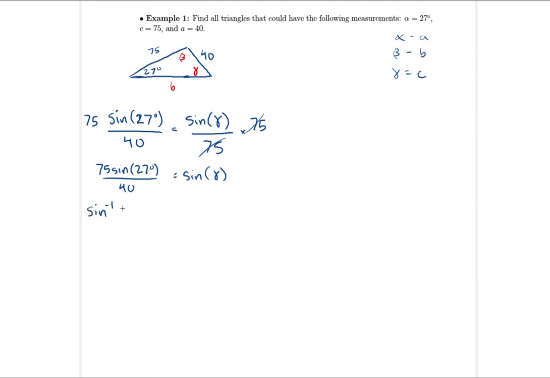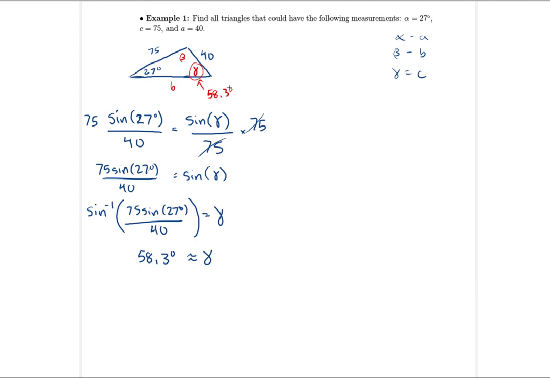So the inverse sine of everything on the left should give me gamma. Okay, and if I plug this in my calculator, I get 58.3 degrees approximately for gamma. So I can go up here and say that that's 58.3 degrees.